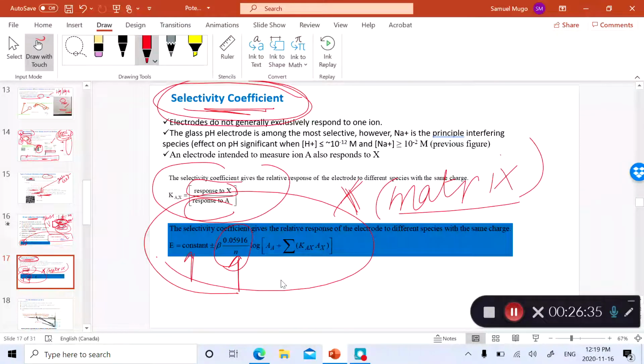In the case of classical potentiometry, this is the activity of the analyte, which is often very close to the concentration anyway because the activity coefficient is very close to 1, plus this selectivity coefficient. You can see the selectivity coefficient of A relative to X multiplied by the concentration or the activity of X, and so on. And so that is the E of the cell.